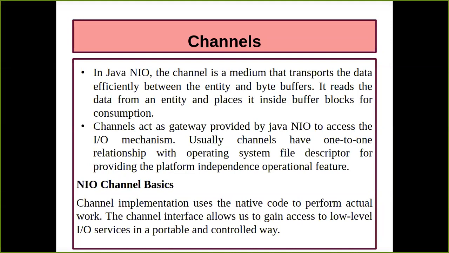Okay. Now NIO is also considered to provide a platform independent operational feature. That means it is nowhere dependent on the IO mechanism of a specific operating system. It can work with any type of IO mechanism of any type of operating system. We know that Java is considered platform independent.